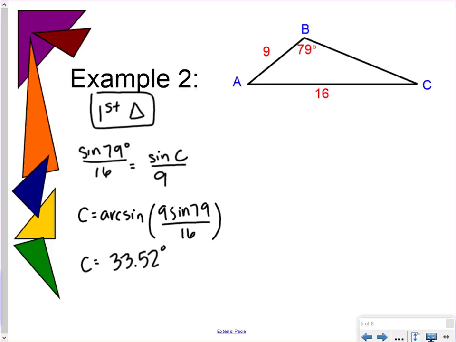So what's angle A? 67.9. 67.48? Yeah. And what's side C? 9? Yeah. Oh, sorry, side A. 15.06. 15.06. Are we in agreement with those numbers?